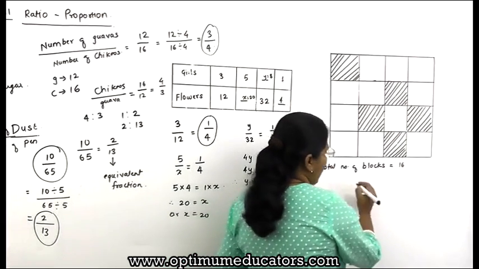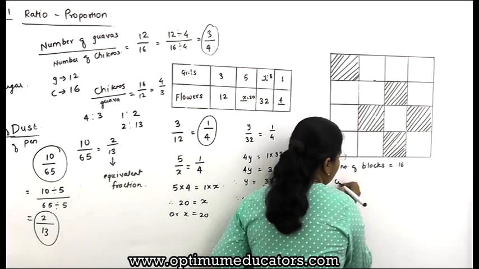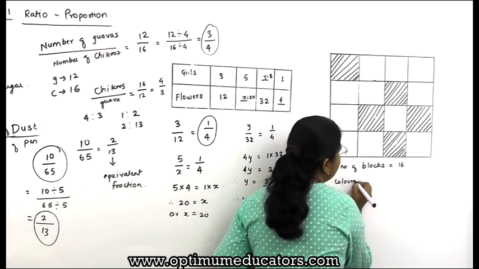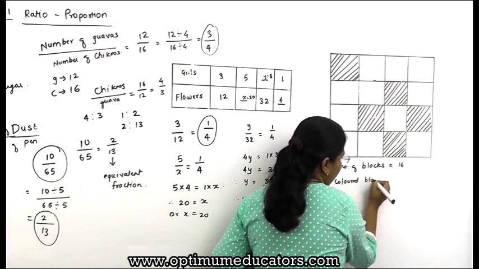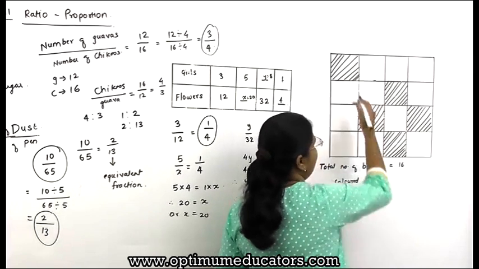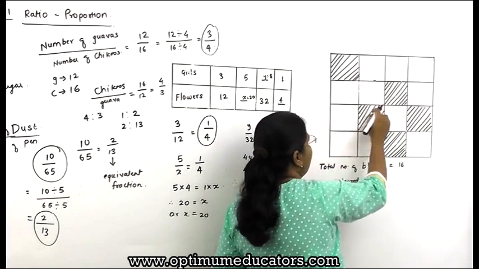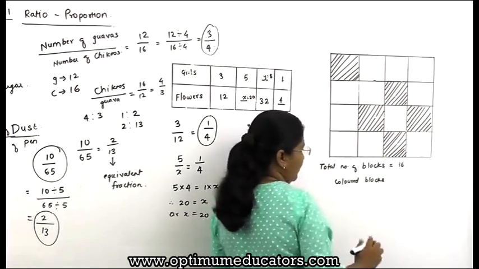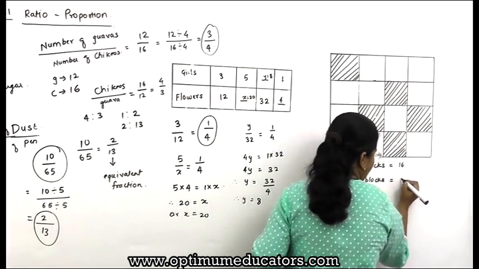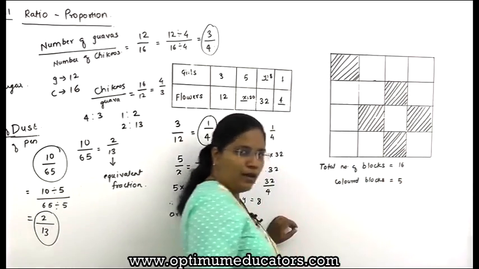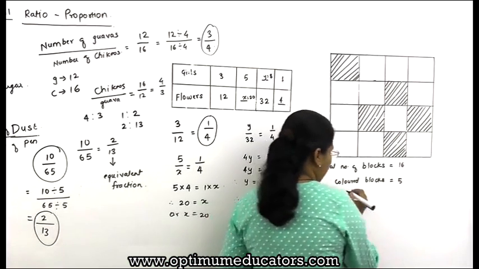Out of which how many are colored? Colored कितने हैं? Yes, count the number of blocks which are colored. 1, 2, 3, 4, 5. So out of 16, 5 are colored. How many are blank?